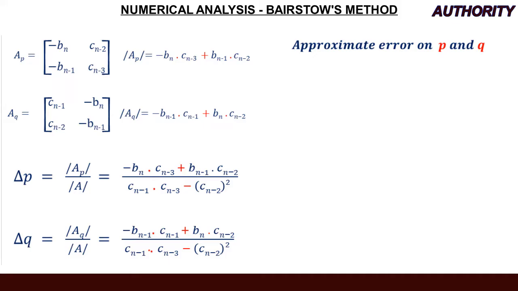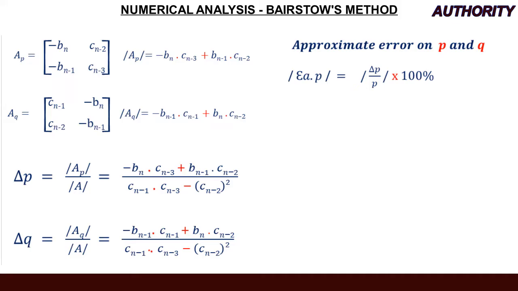This will help us to determine when to stop the iteration. What is this approximate error? It's given as the absolute value of delta P all over P, multiplied by 100%. The approximate error on P can be given as the absolute value of delta P all over P multiplied by 100%.